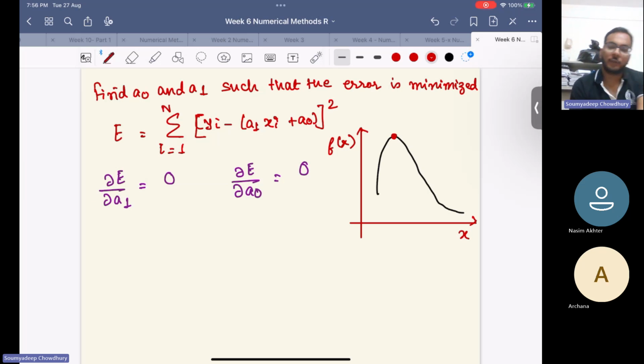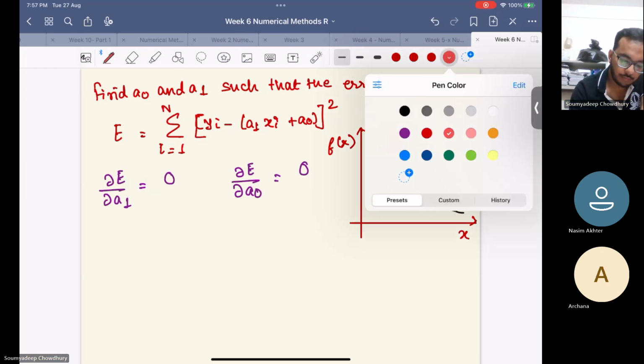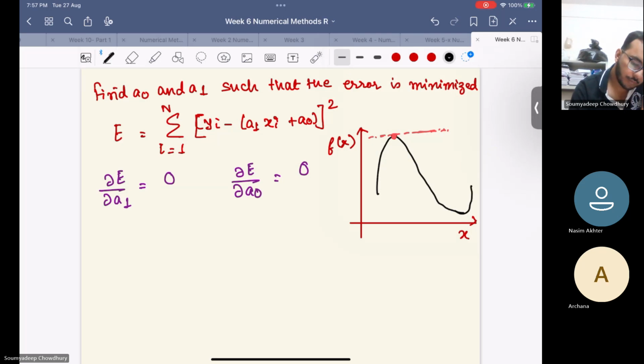At any point, if we calculate the slope of this function, what does the slope represent? At that point, you draw a tangent to the curve, and that is the slope. Suppose you have a curve like this and this is your point of minima. If we draw a tangent at the point of maxima and minima, it will always be a straight line parallel to the x-axis.